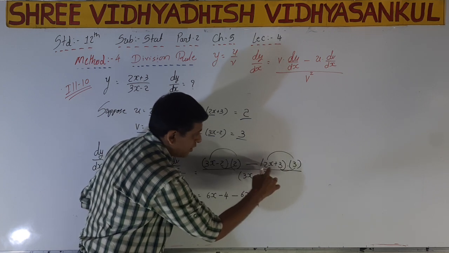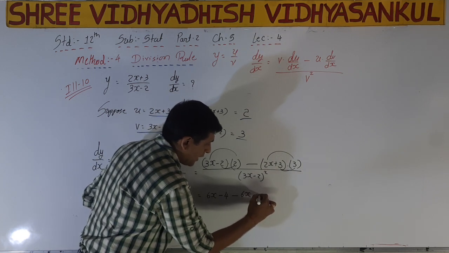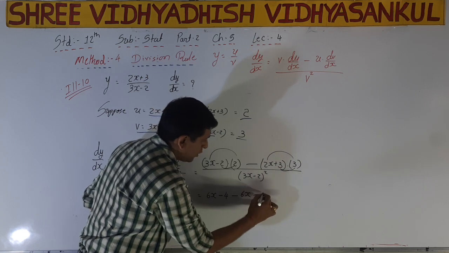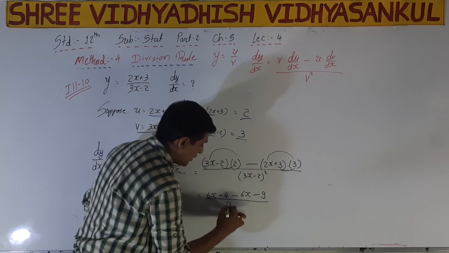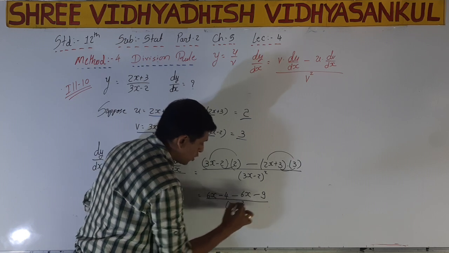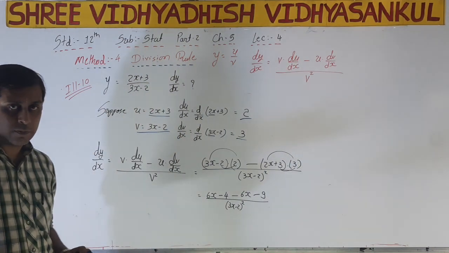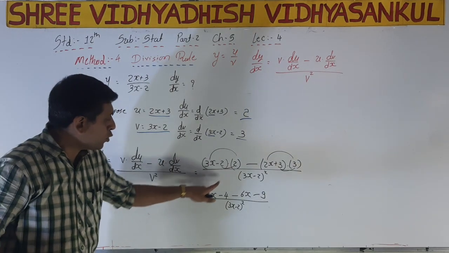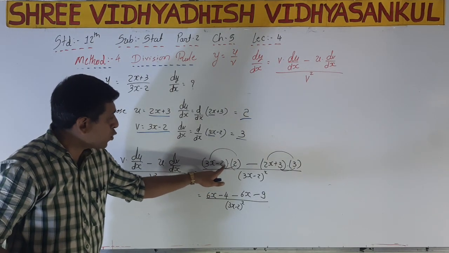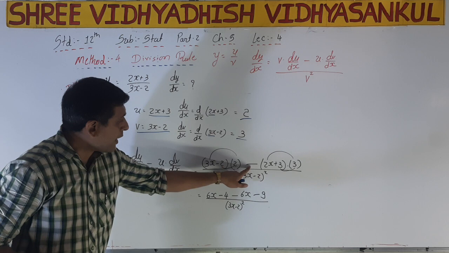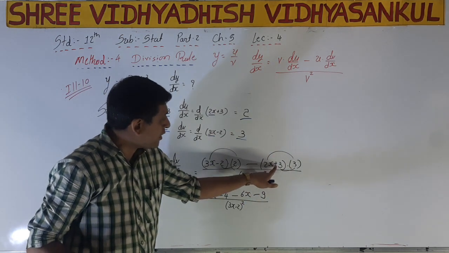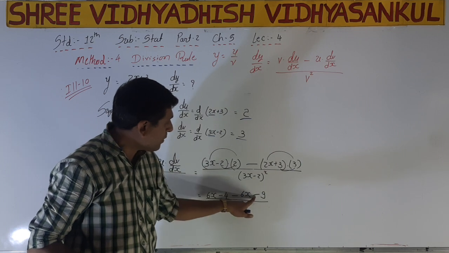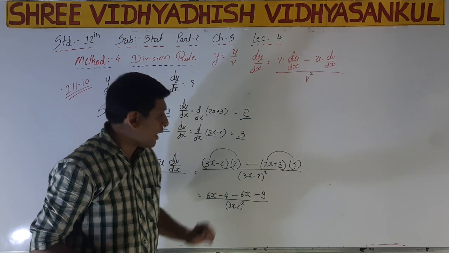See here, minus plus minus 3 into 3, 9, upon v square as it is, (3x minus 2) all square as it is, no change. 3x into 2, 6x, minus 2 into 2, 4, minus 2x into 3, 6x, plus minus plus minus 3 into 3, 9.